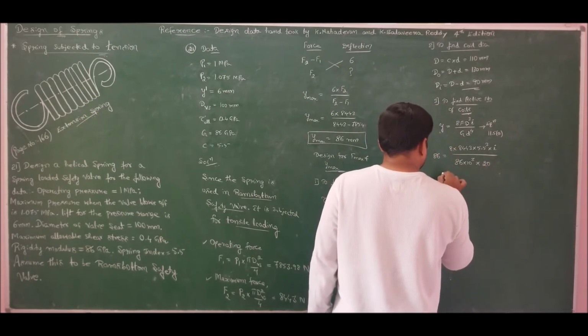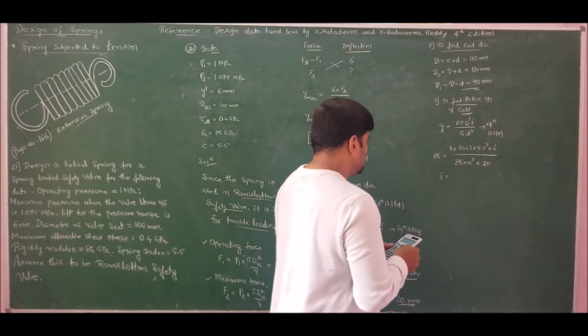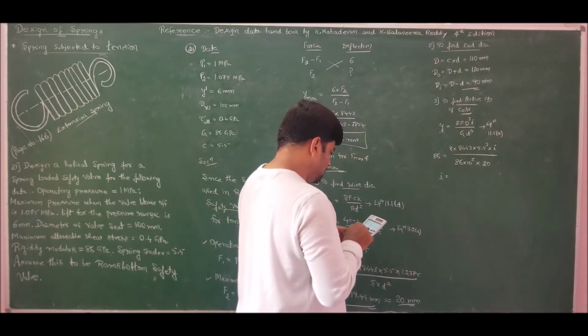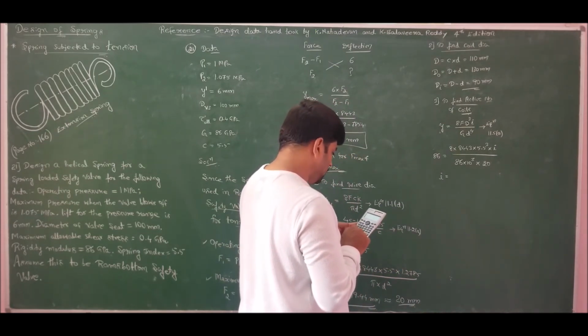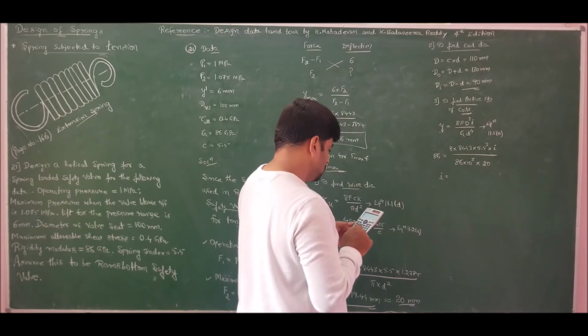So 86 is equal to 8 into 8443 into 5.5 cube into i divided by 86 into 10 to the power 3 into 20.